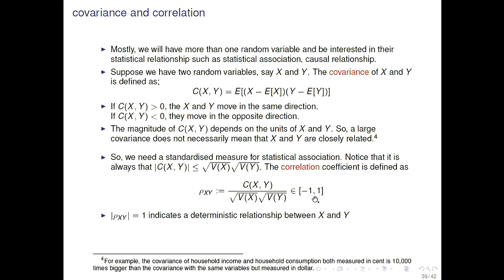If it is 0, then that should be the case that covariance is 0. So there's no correlation between X and Y. If it is exactly 1, then there's a deterministic relationship between X and Y, and the relationship is positive. And if it's -1, the relationship is deterministic again, but the relationship is negative.